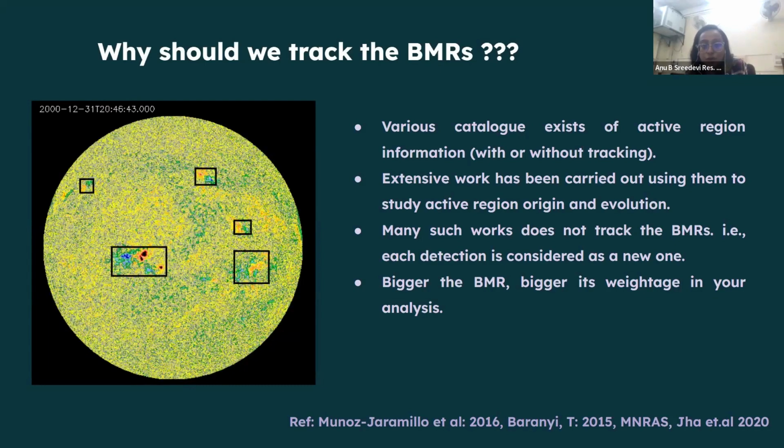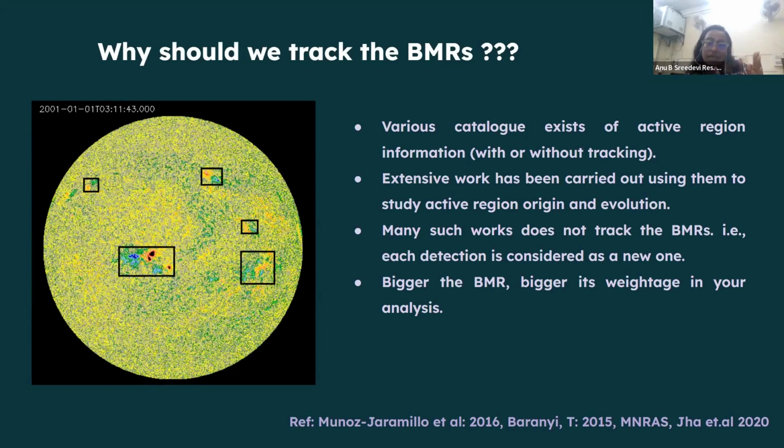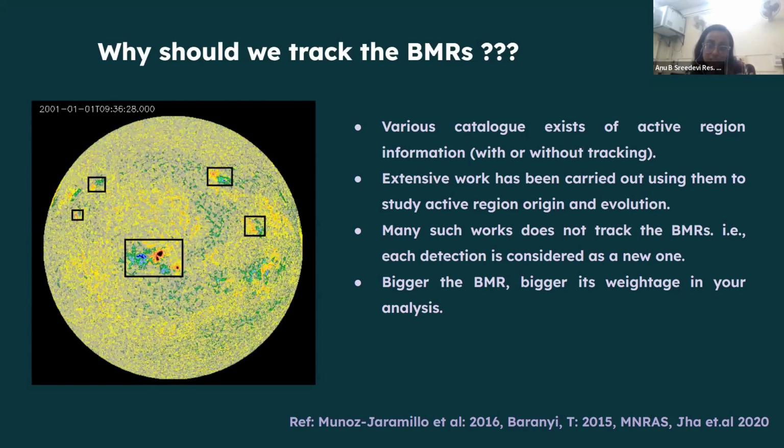So most of the statistical studies regarding the tilt or the flux have been conducted without taking tracking into consideration. By which I mean that if I observe one sunspot today, I'll consider it as a new sunspot, and the same sunspot will be appearing tomorrow also. So the sunspot that's appearing tomorrow again in my statistics will be taken as a new sunspot.